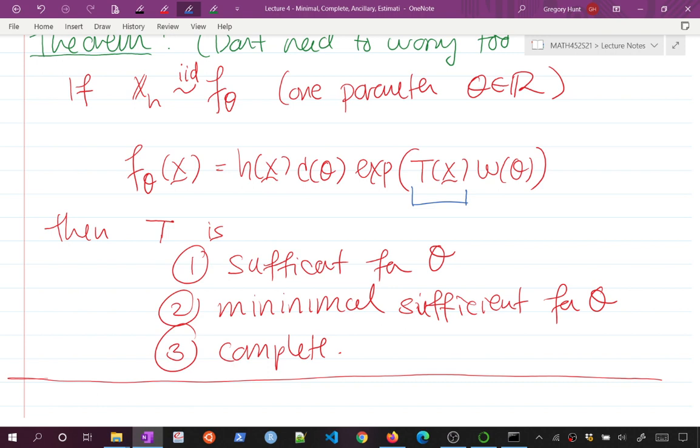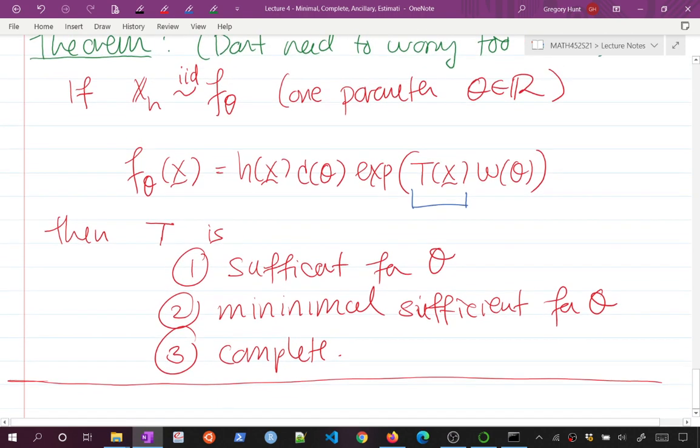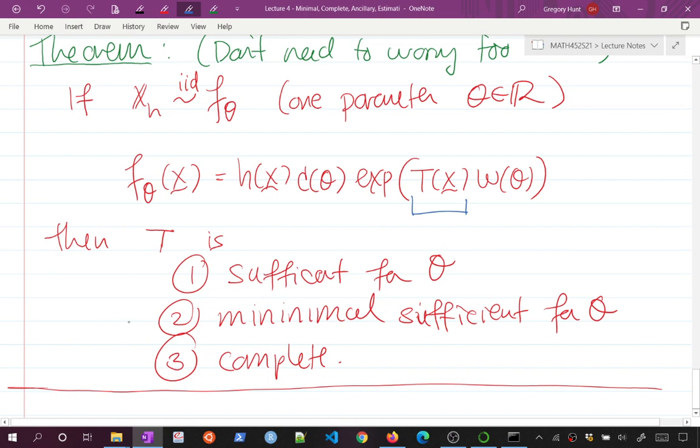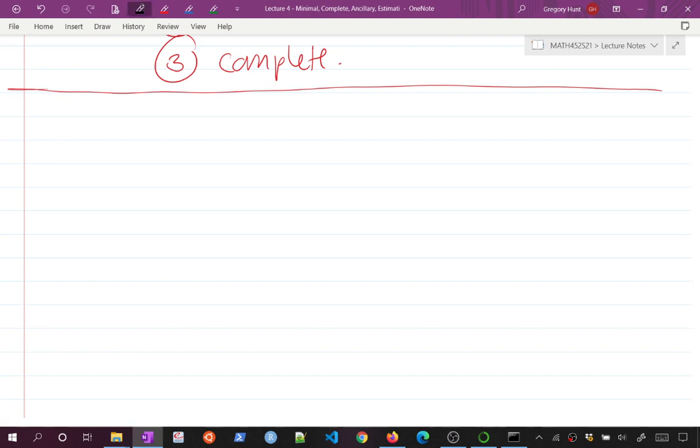It is minimally sufficient, and it is complete. It is rich enough to figure everything out in the problem. So this is the don't need to worry too much theorem. But nonetheless, you might see minimal sufficiency or completeness come up in one of the books, or if you do some Googling around outside the course. And for one parameter exponential families, don't need to worry that much.